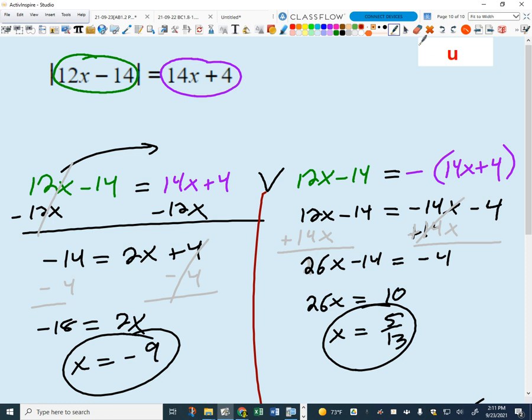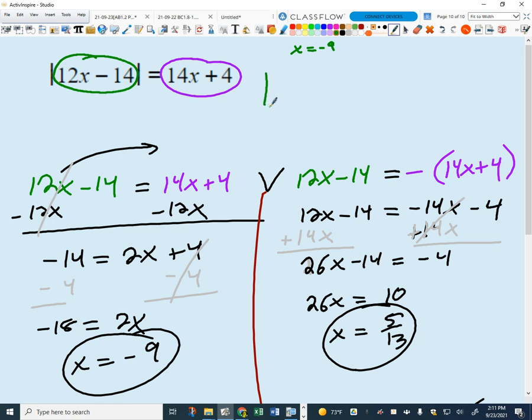If I evaluate the original expression for x equals -9, what do I get?